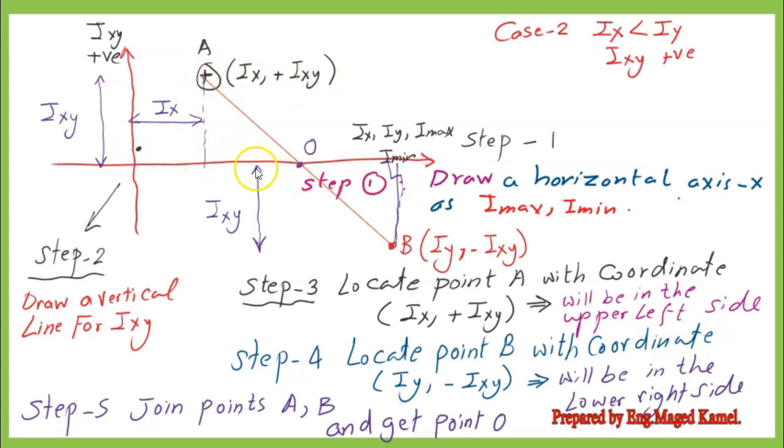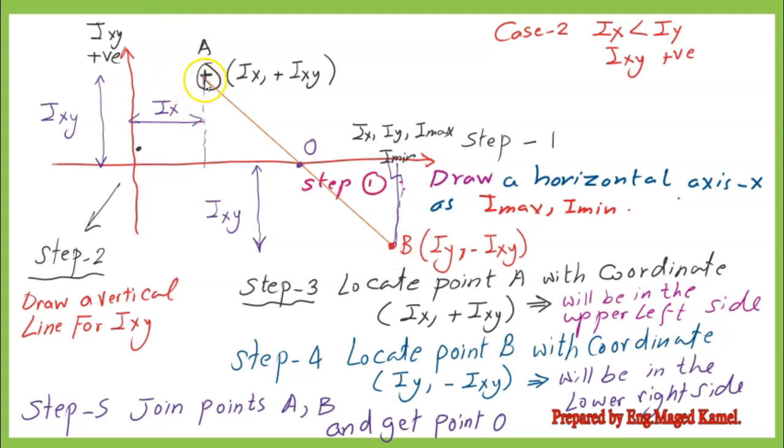Point A is drawn on the right side, and with Ixy upward, it will be on the upper left side. Number 4, locate point B with a coordinate of Iy, minus Ixy. The point B is drawn to the right, and with Ixy downward, it will be on the lower right side.